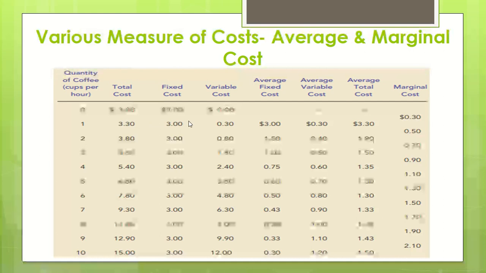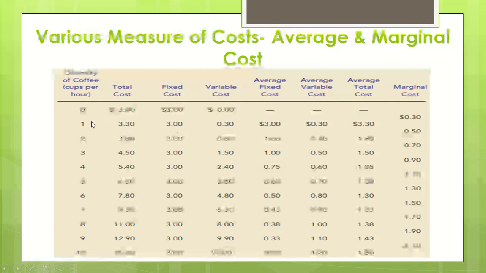Now if you look at this column, average fixed cost, here it is $3, and the formula to calculate it is fixed cost divided by quantity. So the amount of fixed cost is $3 divided by Q, that is 1.